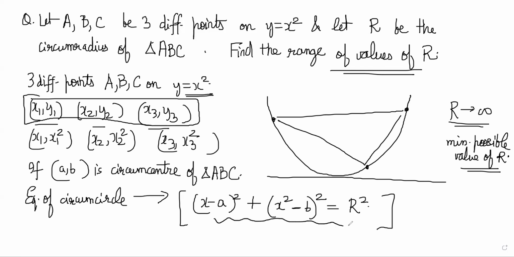So this is my circle equation, and this equation has at least 3 distinct roots. This equation should have 3 distinct roots because we have said that these 3 points lie on the circumcircle, right? So now let's think about this equation.